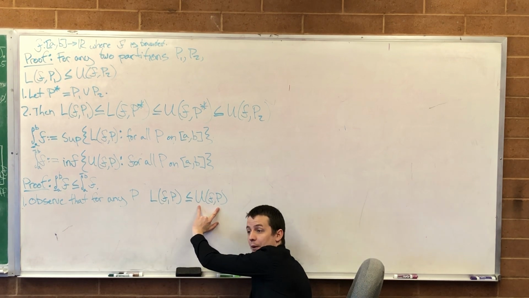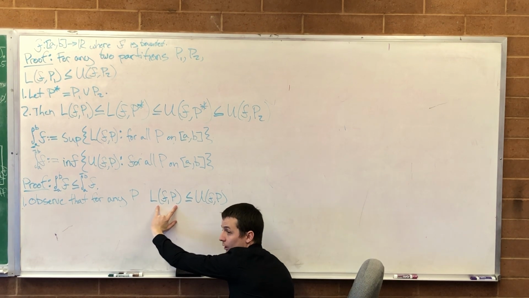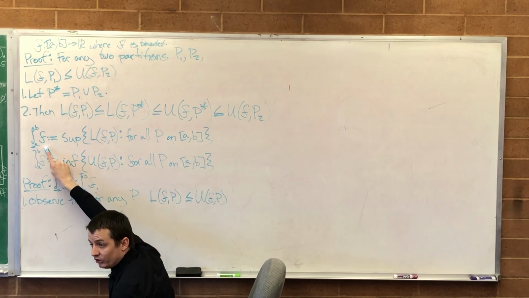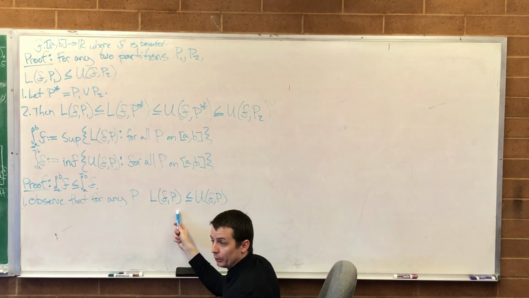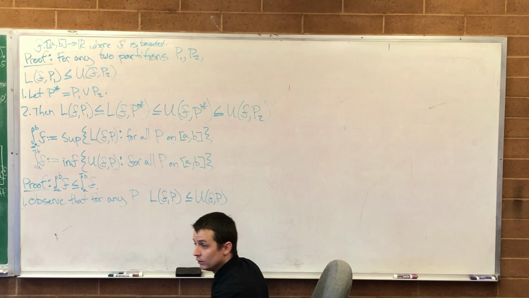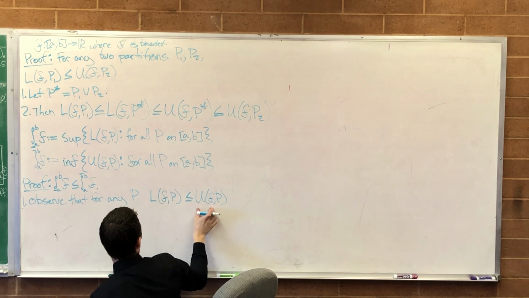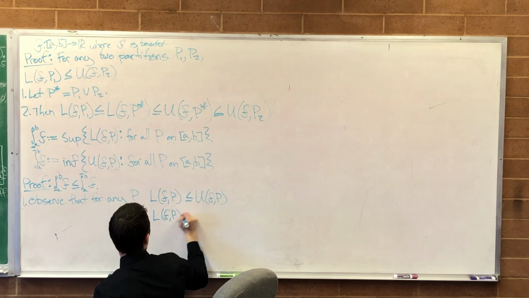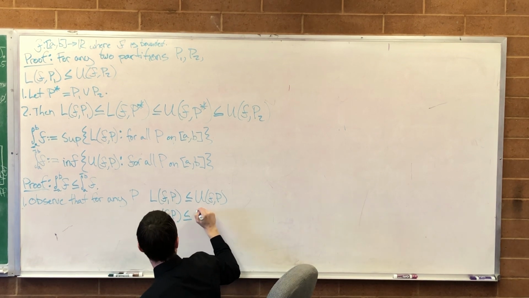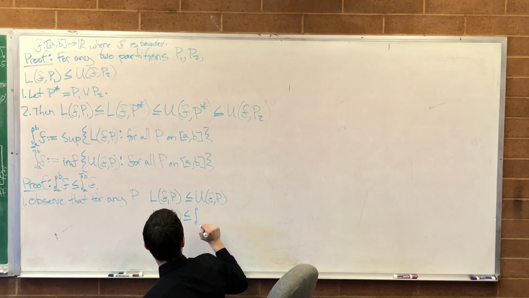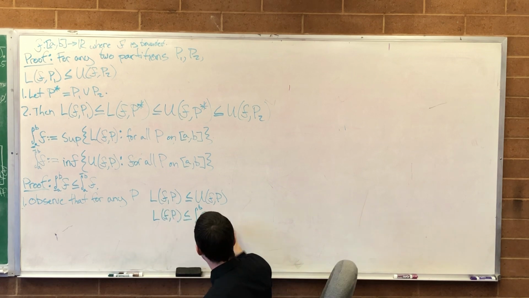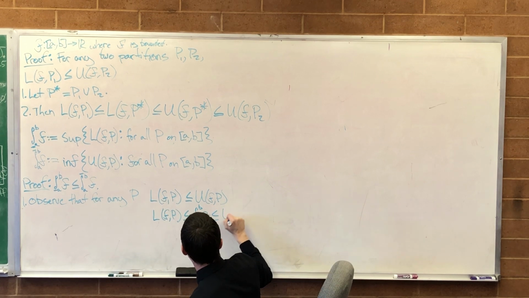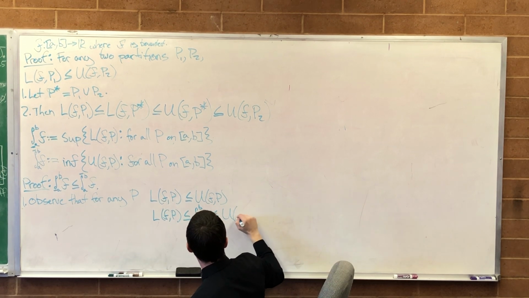This is an upper bound of a lower Darboux sum, so it's some upper bound. So we have L(f, P) is less than or equal to the lower integral from a to b of f, and that has to be less than or equal to the upper Darboux sum.